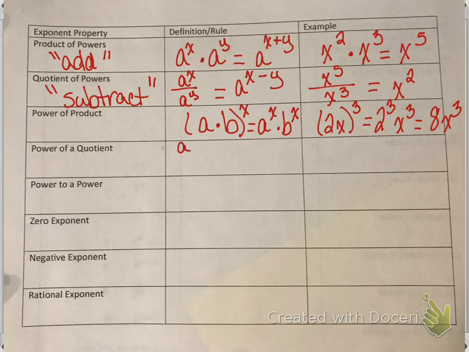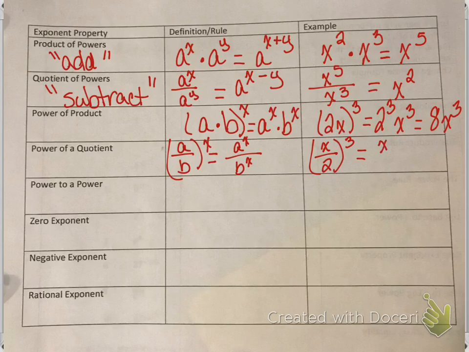Power of a quotient is similar. We are giving that exponent to everything inside that parentheses. So this is going to be a to the x over b to the x. And again, if I have a number, students are less likely to give the exponent to that number.